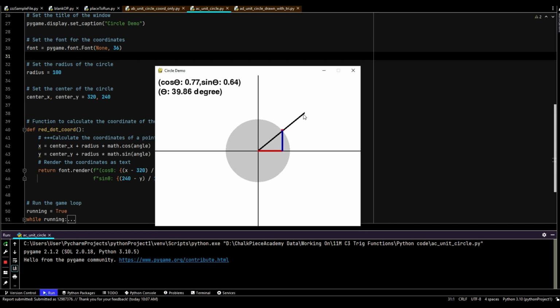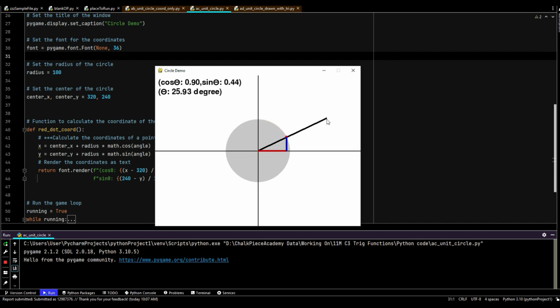On this unit circle, I have a red dot which runs around the circumference of the circle as I move the mouse. According to the mouse, this line is drawn, and the point where this line and the circumference of the circle meet has a red dot. This coordinate is found and displayed over here, and this is the respective angle.